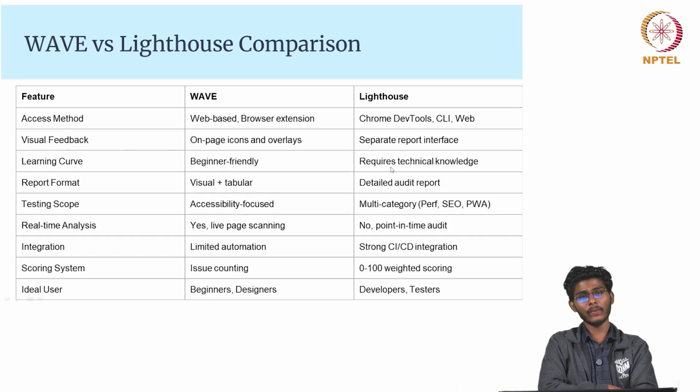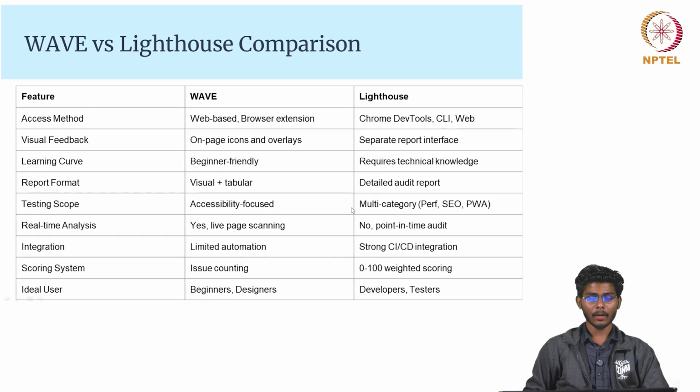So WAVE is beginner friendly, as I mentioned. It can be used by any user without technical background or knowledge of how to analyze those reports. For those users, WAVE is a better and more beneficial tool. For developers, Lighthouse is commonly used.